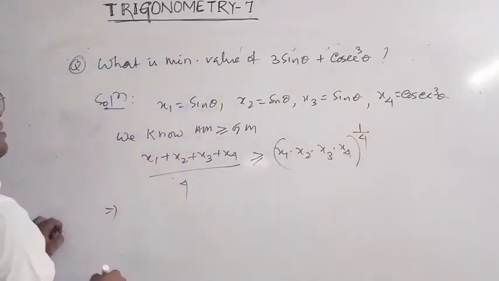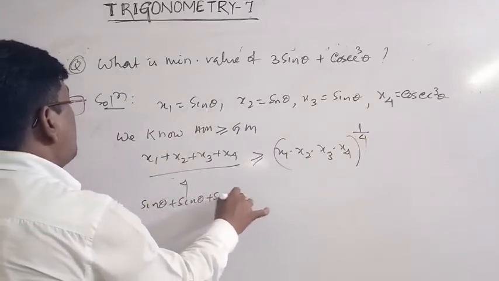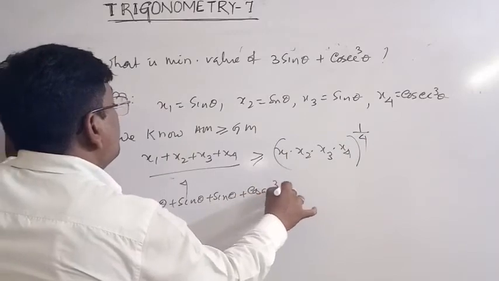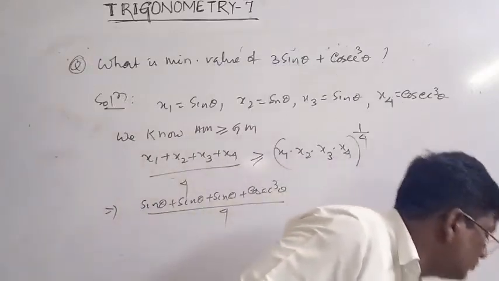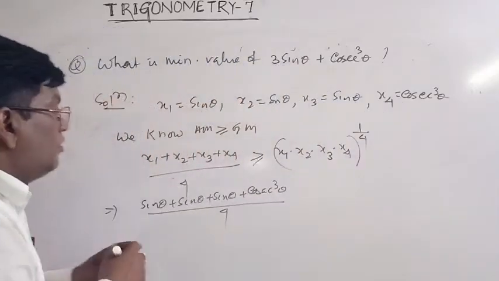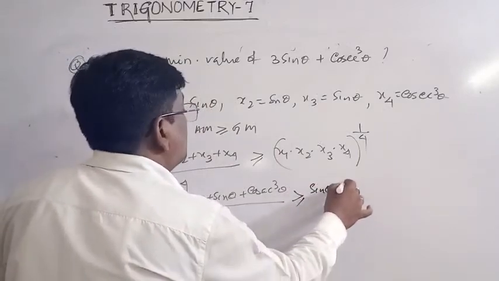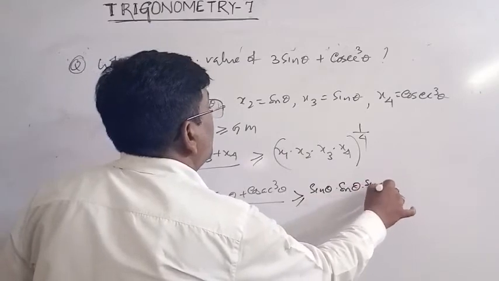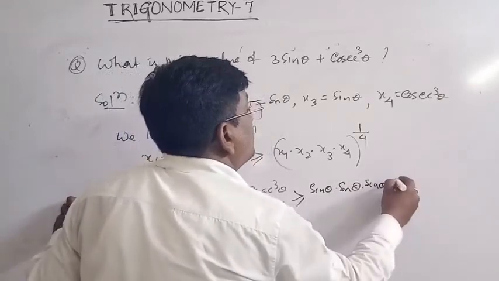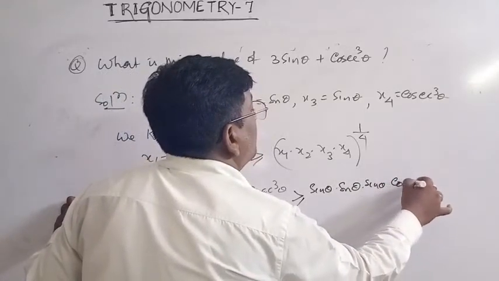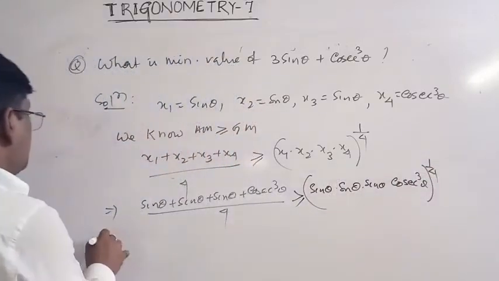So this is sin theta plus sin theta plus sin theta plus cosec cube theta by 4 greater than or equal to sin theta into sin theta into sin theta into cosec cube theta to the power 1 by 4.